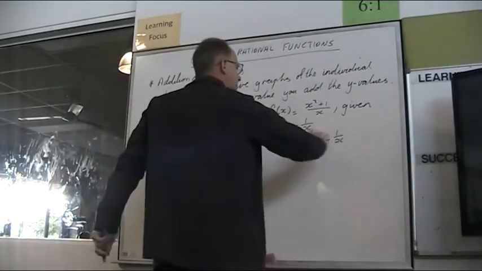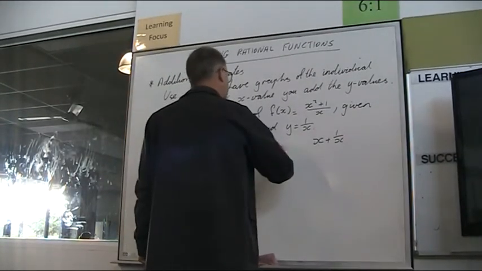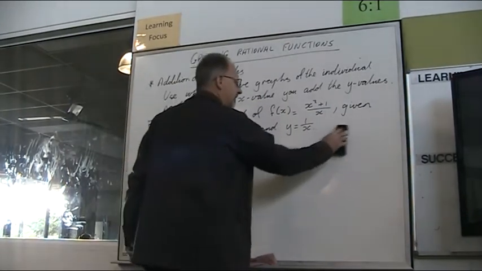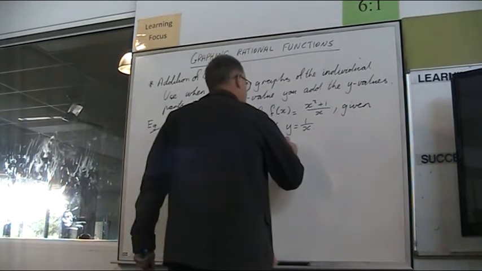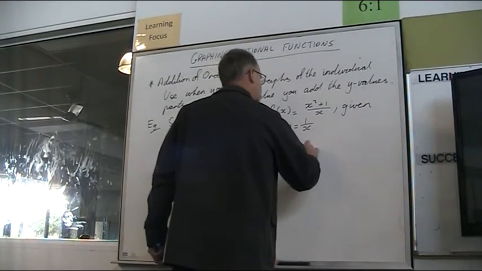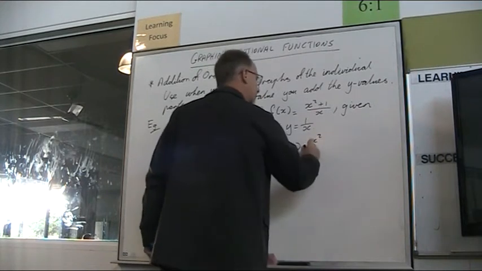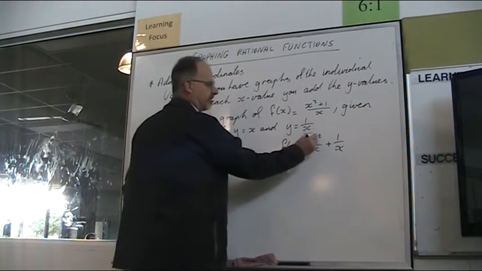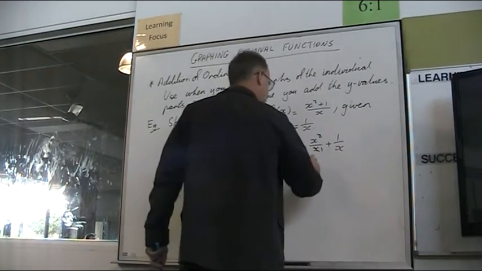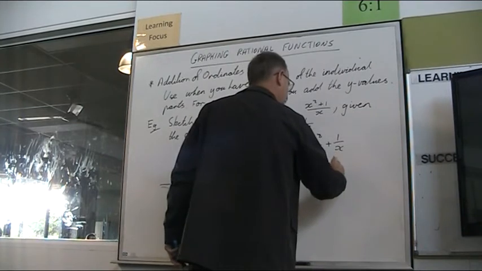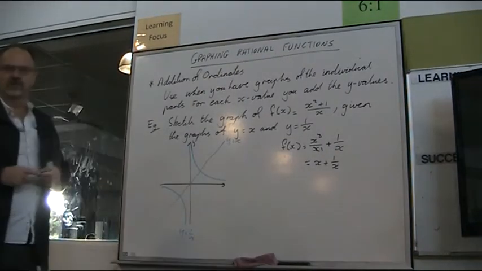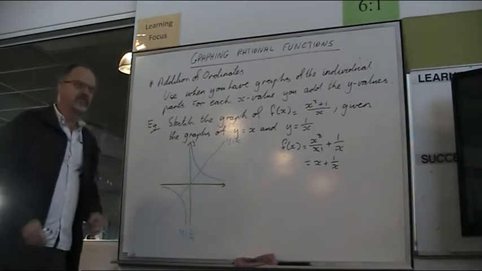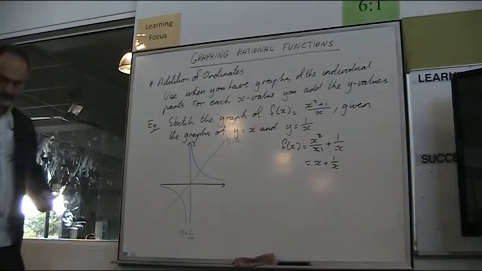There's a number of different ways you could show that. One way is to say f(x) is equal to x squared on x plus 1 on x, and with some cancelling we end up with x plus 1 on x. So in the exam, that was part 1, and part 2 was to then sketch.